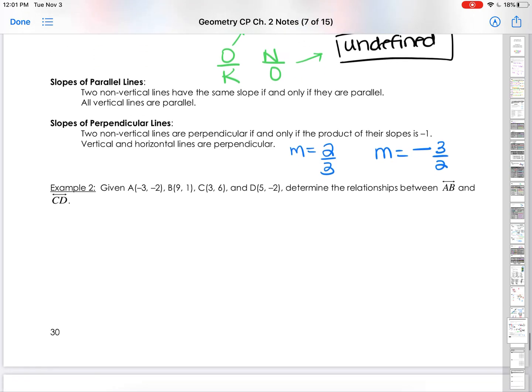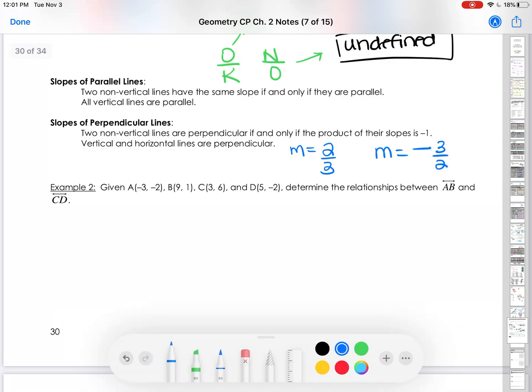Okay, so let's take a look at this next one. We are given points A, B, C, and D, and we want to determine the relationship between line AB and line CD. So first, line AB is going to be connecting these 2 points together. Let's calculate the slope of that line.